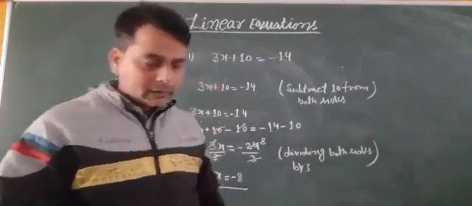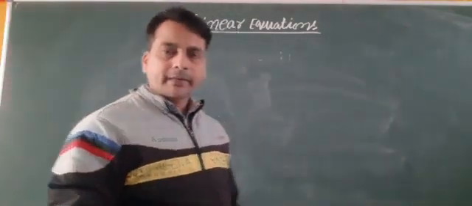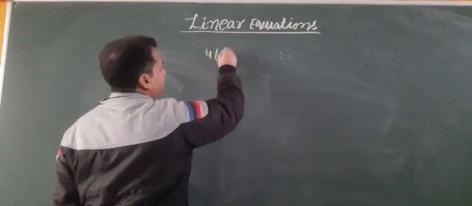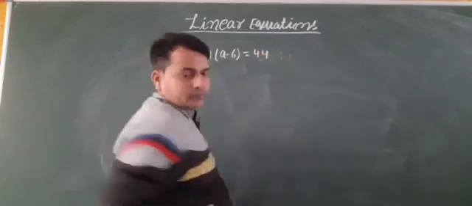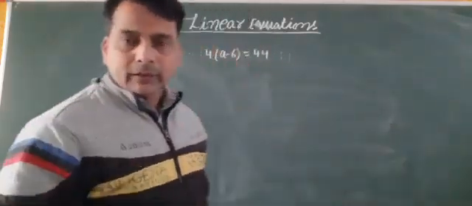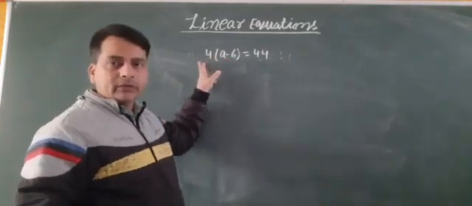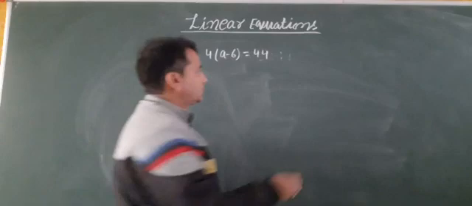Now another problem. The next problem is 4 bracket a minus 6 equal to 44. Here a minus 6 is in the bracket and 4 is multiplied outside. So dividing both sides by 4.